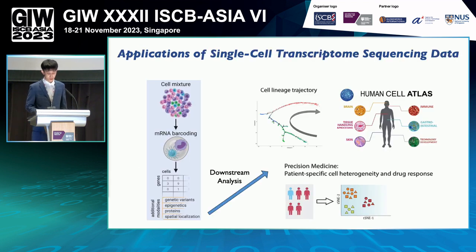Recent advancements in single-cell sequencing technology have played a crucial role in biological research. For example, single-cell sequencing data can be used to predict cell lineage trajectory, create a human cell atlas, and promote precision medicine, and more.